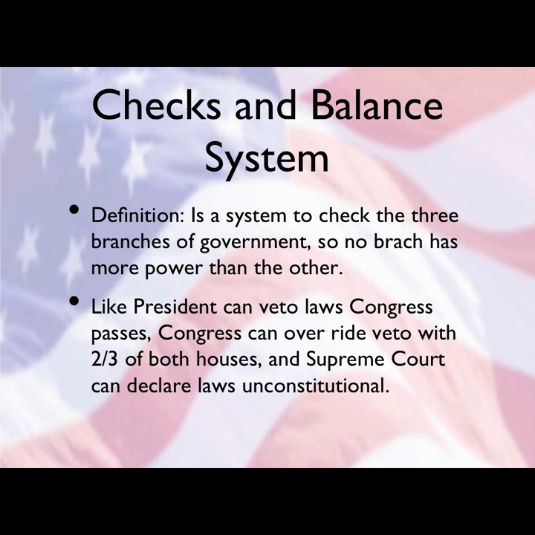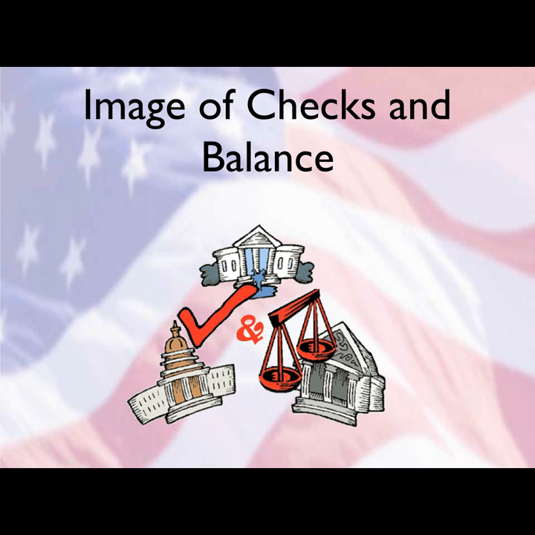So they have to get a 2/3 vote from the Senate and a 2/3 vote from the House of Representatives. And if it passes, the Supreme Court can still declare the law unconstitutional, so it will not become a law. I've also attached an image of the checks and balances system of the 3 branches.